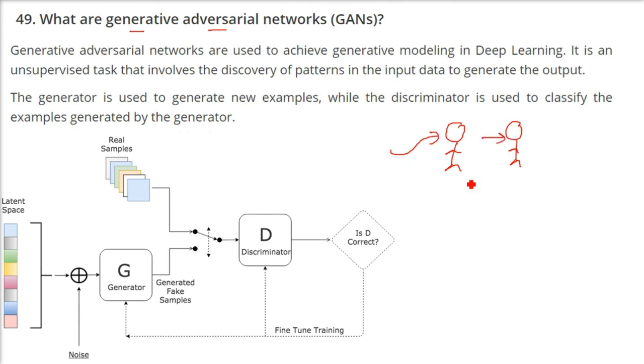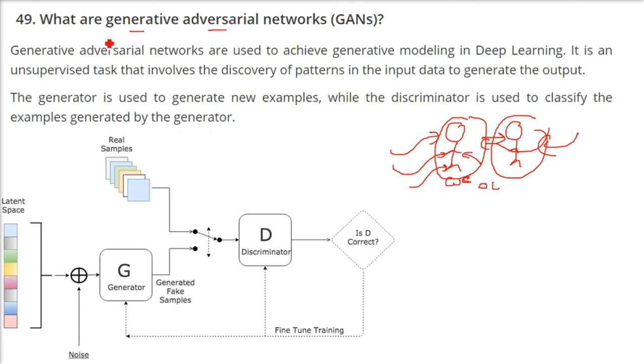Then in the World Championship also you lost to the other one. But now you are going to the Olympics. Now you know that you have to generate enough power so that the discriminator, which is the other adversary, you need to make certain efforts so that you can beat him. So you are the generator, the other adversary is the discriminator. I hope you got the idea. So this is how this GAN works.